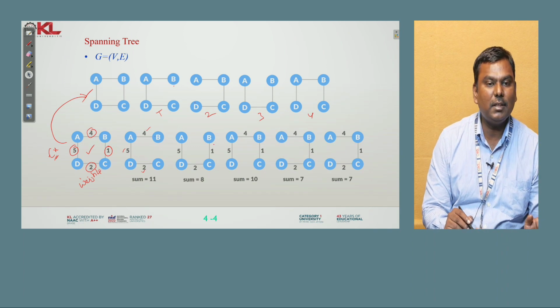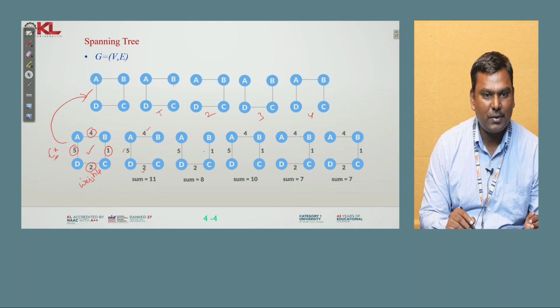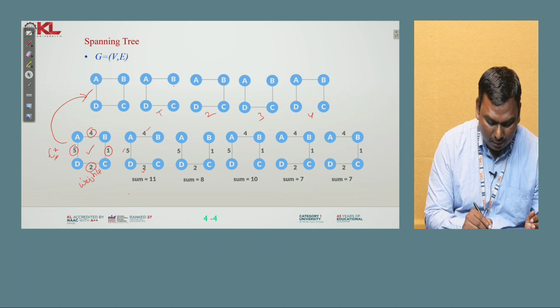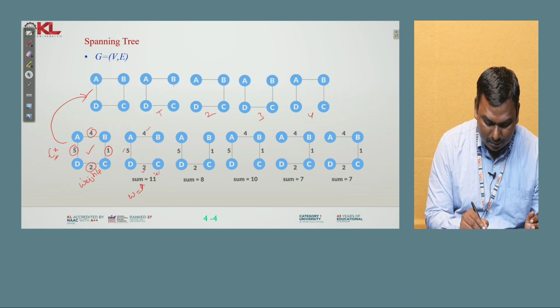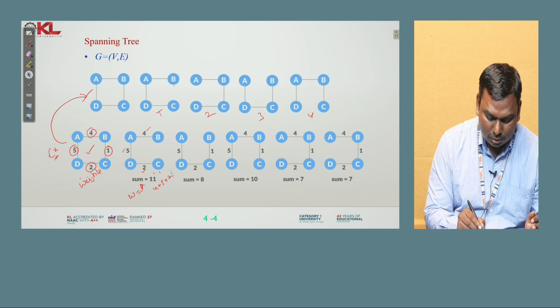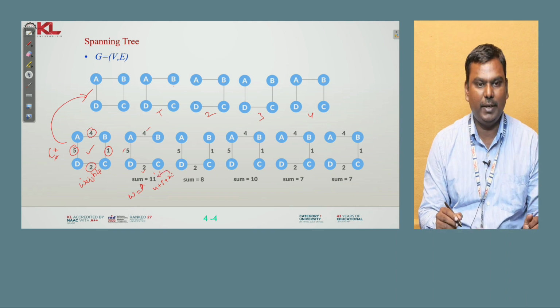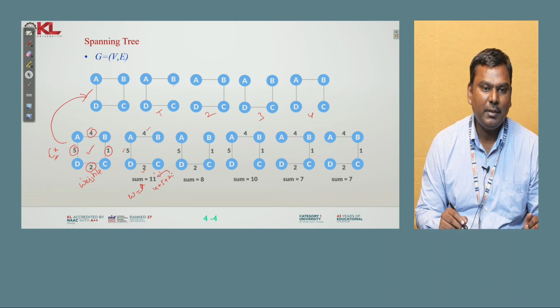When we find the sum of the total weight values, it is 4 plus 5 plus 2, so the total is 11.